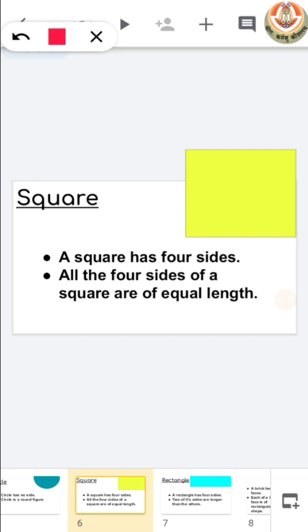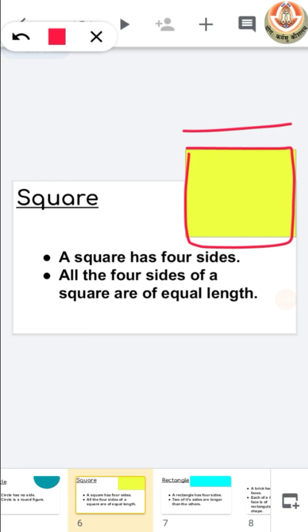The next shape is the square. Now you can see here a square. So what we are seeing, how many sides does it have? 1, 2, 3 and 4. That means a square has 4 sides and all the 4 sides of a square are of equal length.